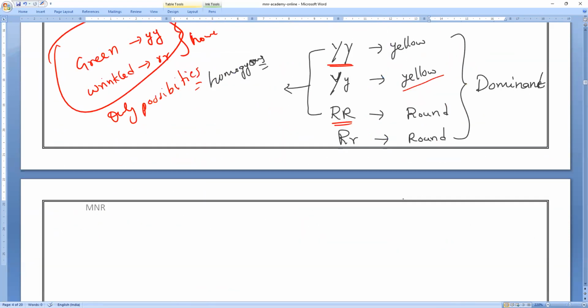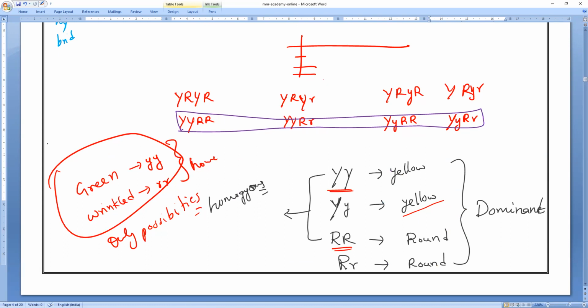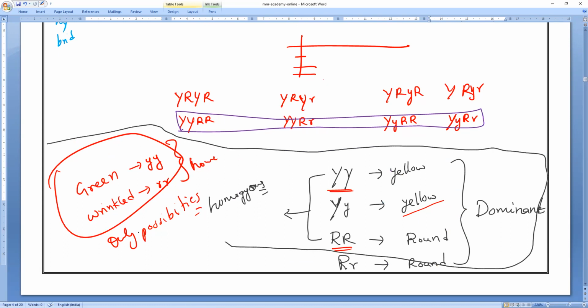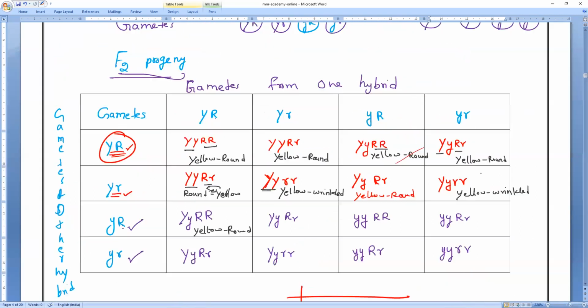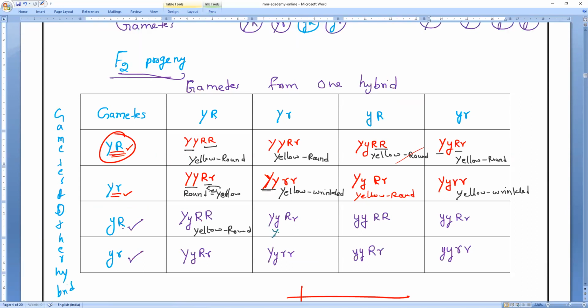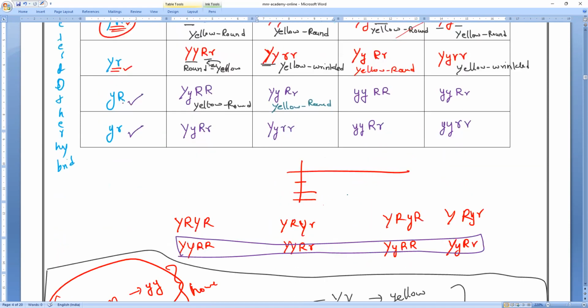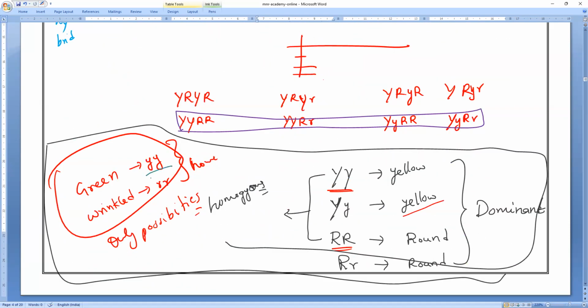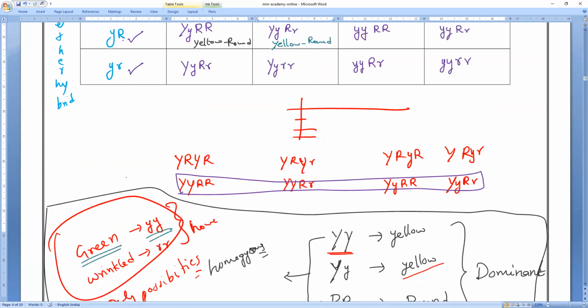If you listen and form it, and you know this, nobody can make a mistake in this. Next, capital Y: at least one capital letter you are seeing, so you can immediately say yellow. At least one capital letter, yellow and round. Both are small yy, so green.